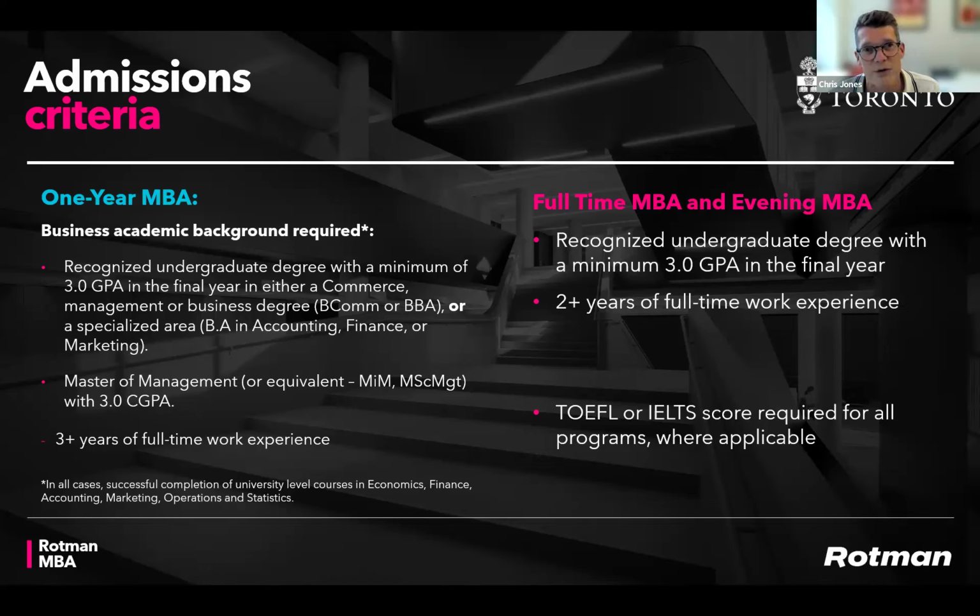But if you were getting averages of C's and D's in your bachelor's degree, it may make it harder for you to get into an MBA program, or it's going to limit maybe scholarship opportunities, right? So you have to say to yourself, okay, did I get through my undergraduate degree? And was I at least averaging a B or a B plus, particularly in my final year of study? So that's some good tips.